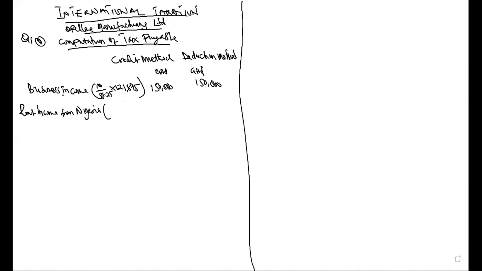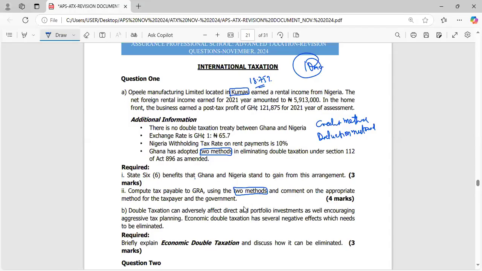It's net foreign income. So it means the tax of 10% was deducted. The net is 5,913,000, and this one too we have to convert to Ghana cedis.